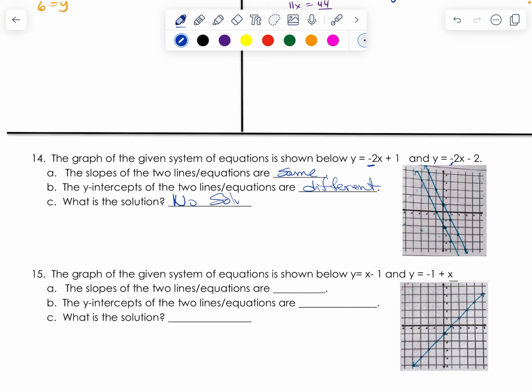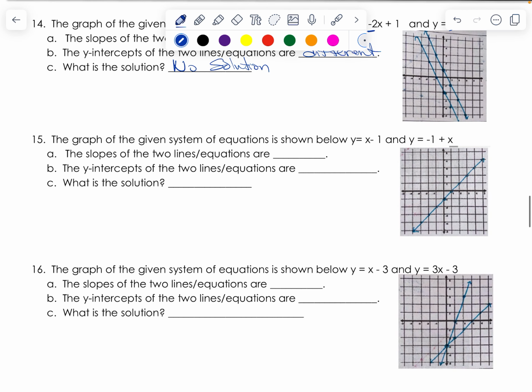No solution. This next one, the slopes are the same, and the y-intercepts are the same. The solution: infinite solutions.